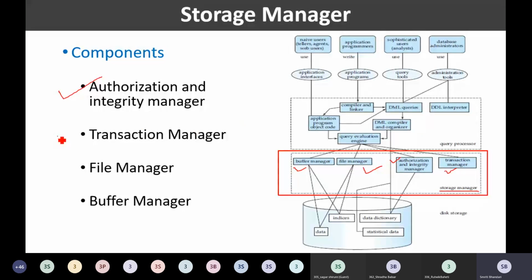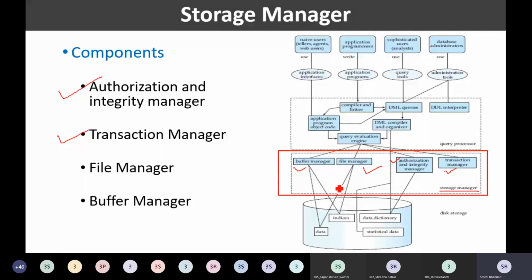What do we mean by this transaction manager and what are the responsibilities of this component? Transaction manager actually ensures that the database remains always in a consistent state. I'll repeat.